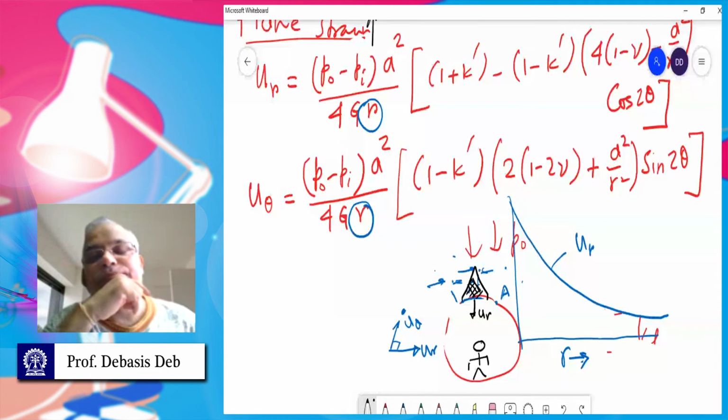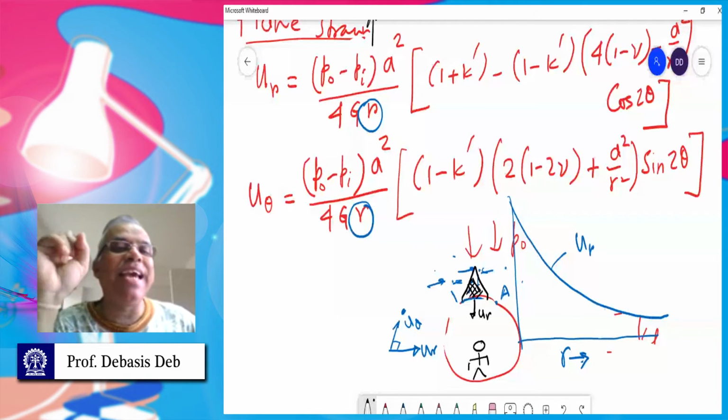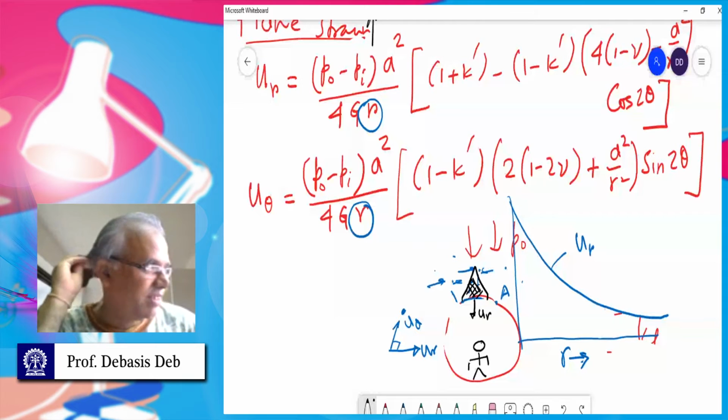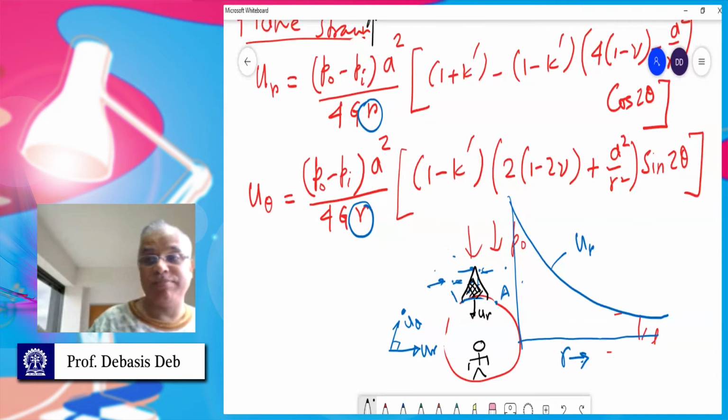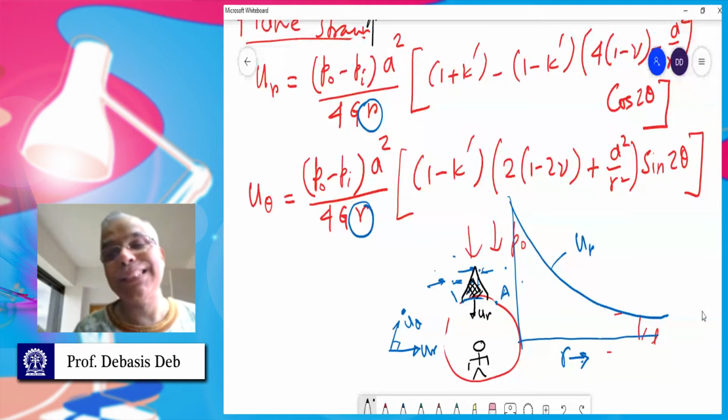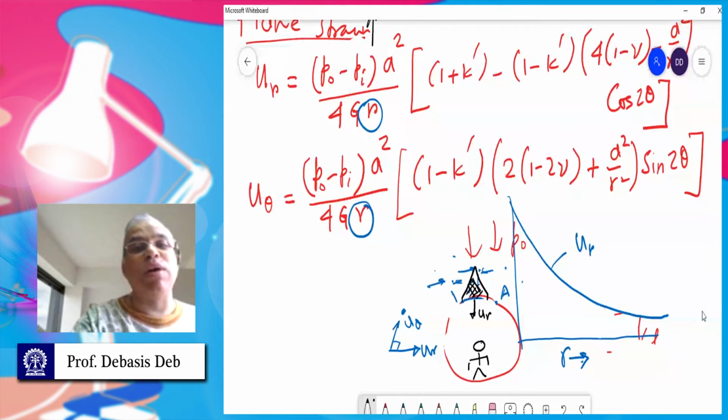And now if I assume K equals 1, then what is the value of K dash? If K equals 1, what is the value of K dash? 1. Yes, sir, 1.